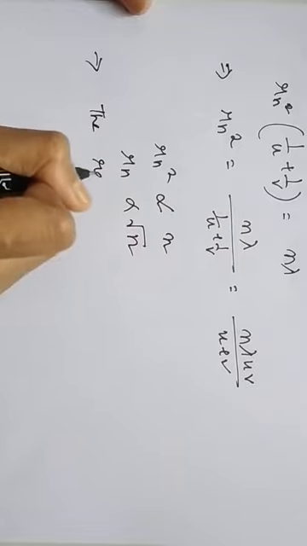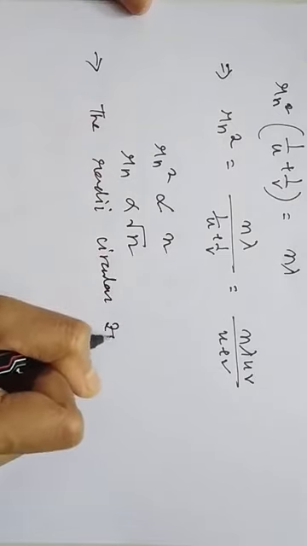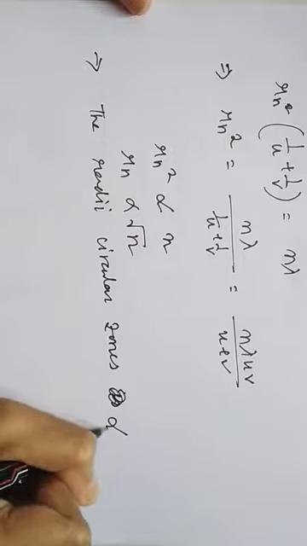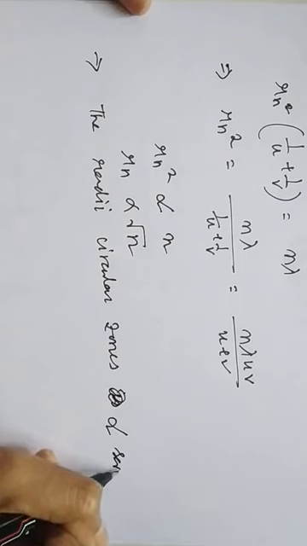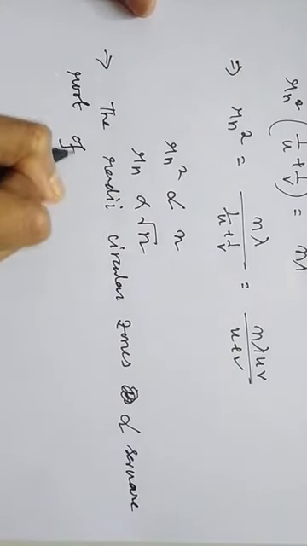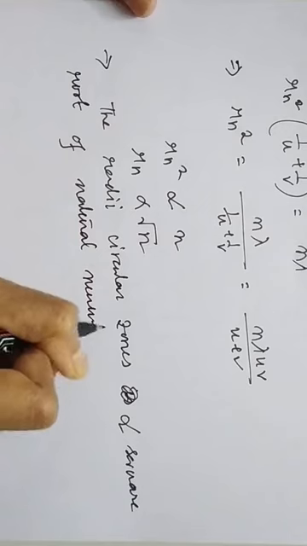That is, the radii of circular zones are proportional to the square root of natural numbers.